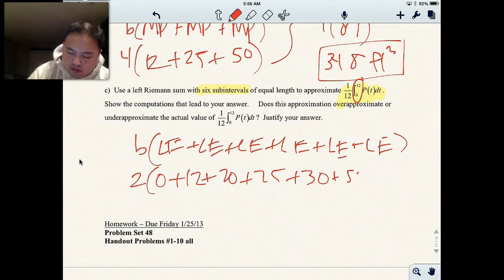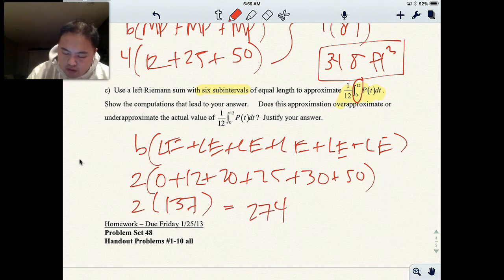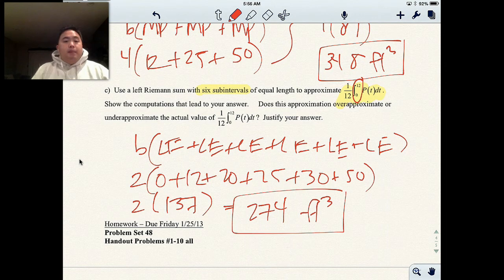Those are the heights at the left endpoints, and then I have a base of 2. I'll add these up: 12, 32, 57, 87, 137. Times 2 gives 274 cubic feet of water that was pumped in.